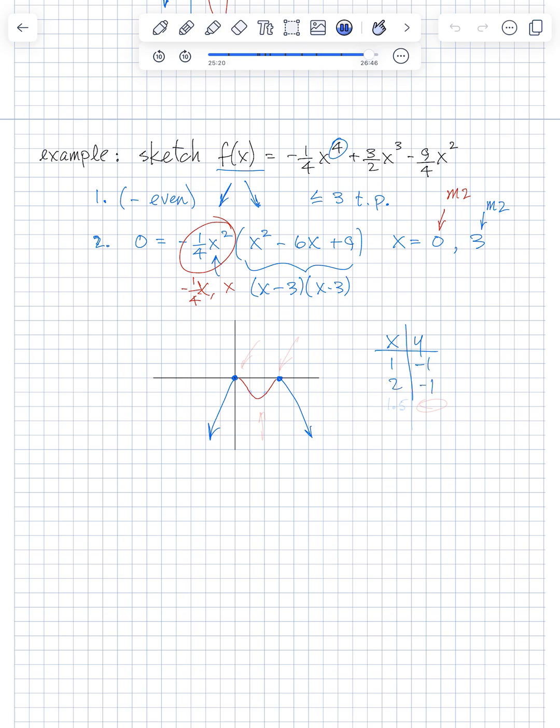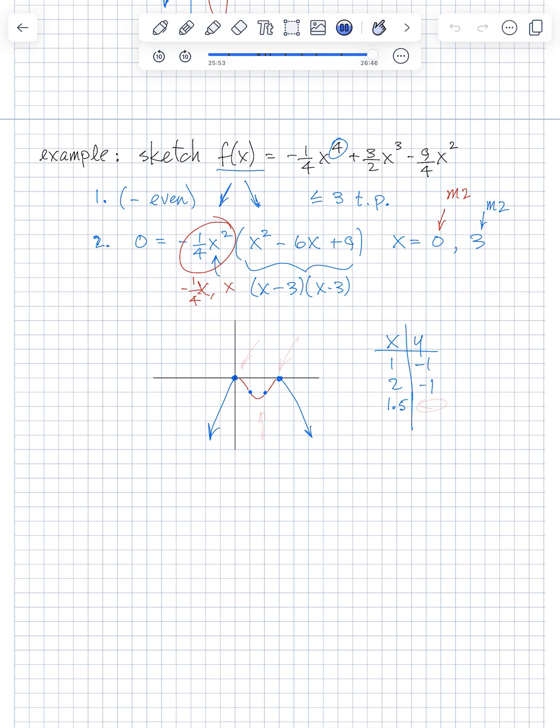So here's our points, 1, negative 1, and 2, negative 1. So it looks like we need to figure out what's going on between x equals 1 and x equals 2. So put in x equals 1.5, and I didn't calculate it out, but we know it's going to go kind of down a little bit. So it has to, so let's fill in the rest of this graph.